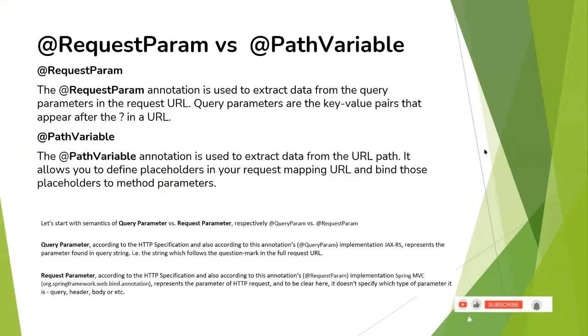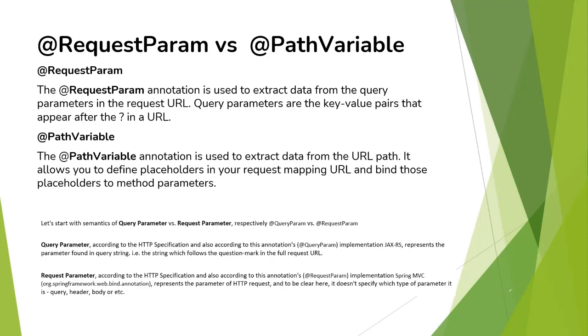@RequestParam is an annotation used to extract data from the query parameters in the request URL. Basically in the URL, we pass the query parameter, right? It's kind of a key value where you define your key equal to value, after the question mark. So this pattern we can implement using @RequestParam.